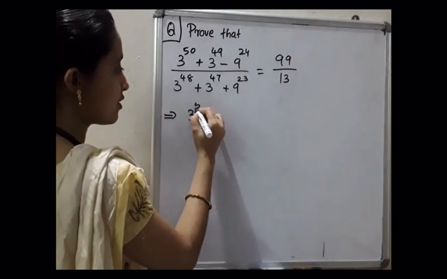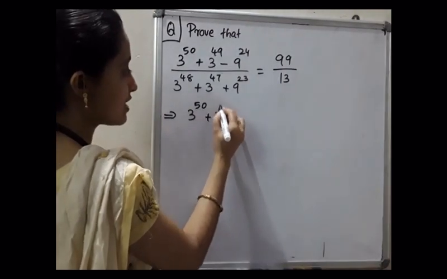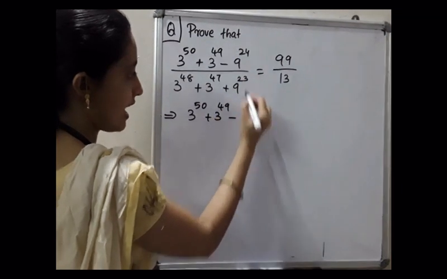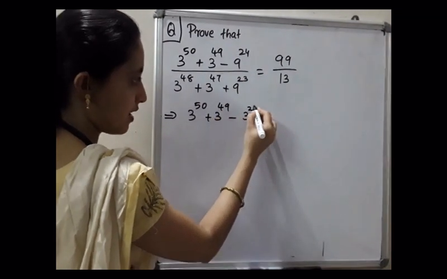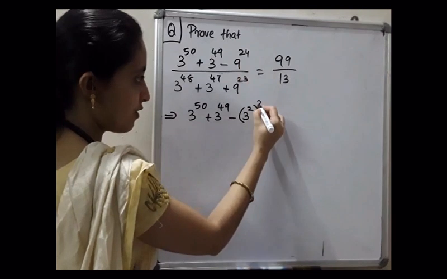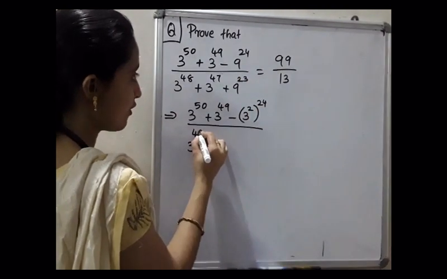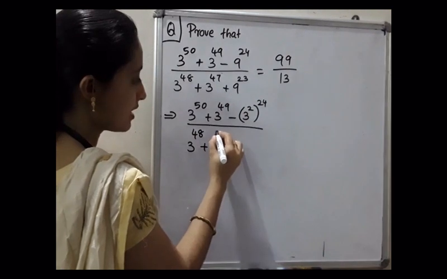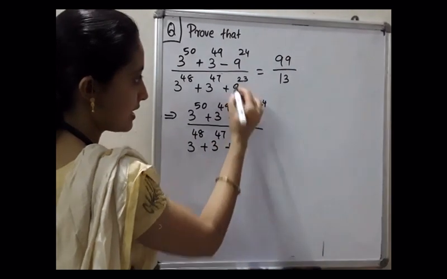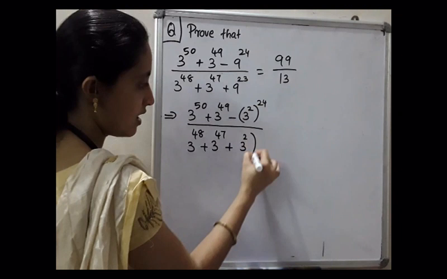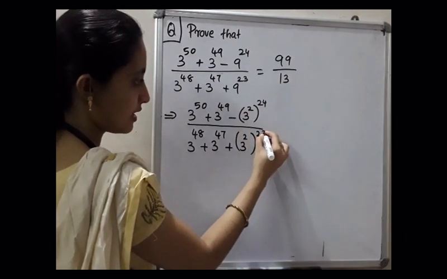So 3 raised to 50 plus 3 raised to 49 minus 9, which can be replaced as 3 square, the whole raised to 24. Divided by the denominator, also 3 raised to 48 plus 3 raised to 47 plus 9 replaced as 3 square, the whole raised to 23.